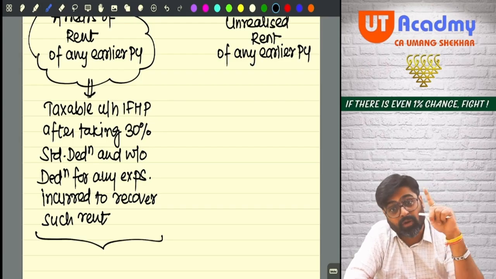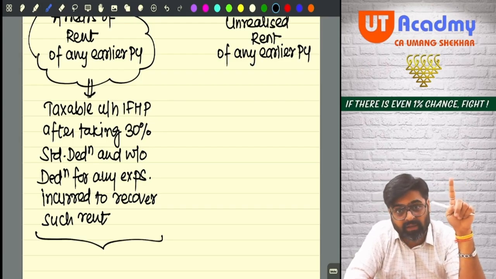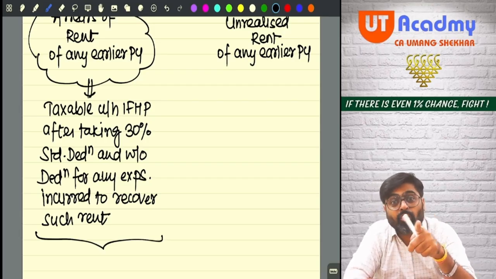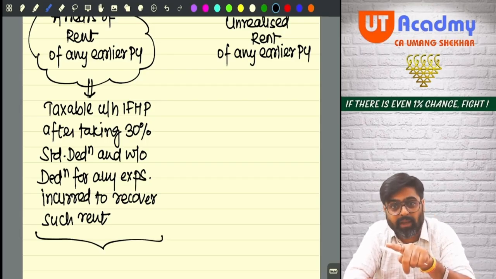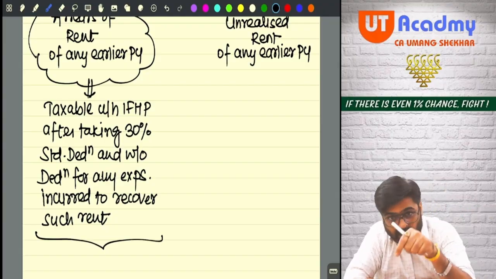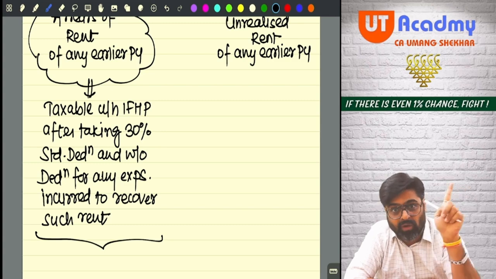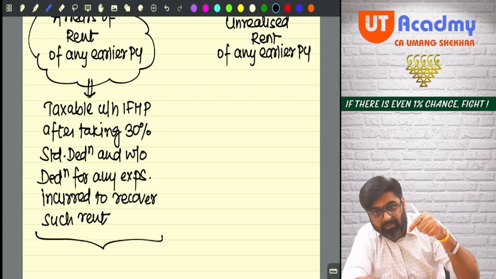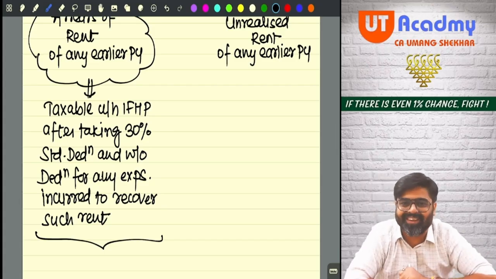No. But for that property, whatever arrears of rent are there, you are recovering in the current year. So even if you are not the owner of that property to which the arrears of rent relates, still in the year of recovery, this rent recovery will be taxable under the head house property only.